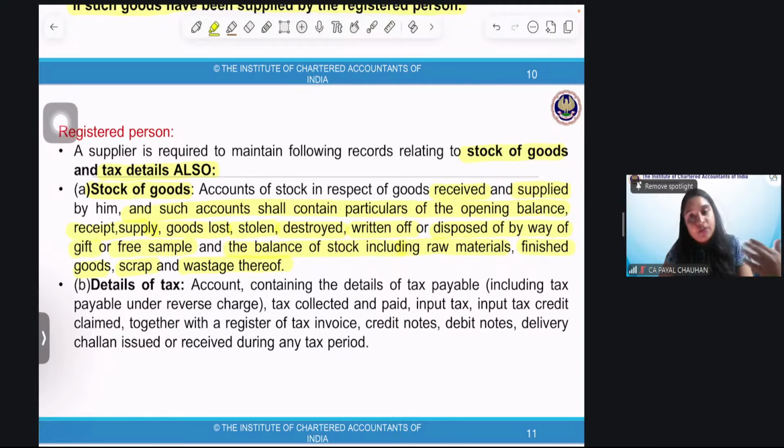Along with the books of account and the other records, the registered person also has to maintain two records.